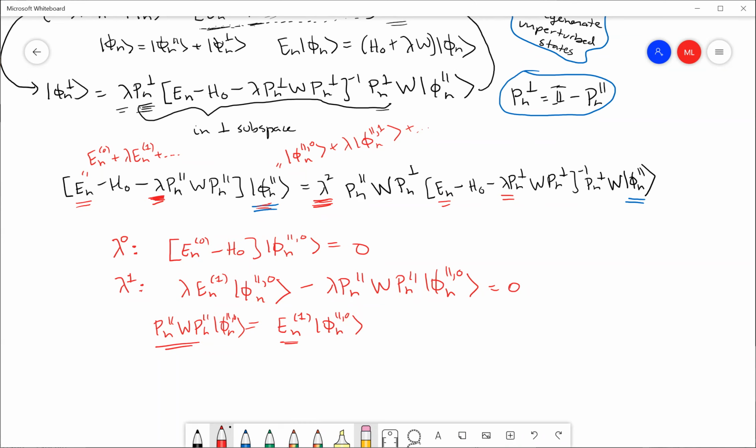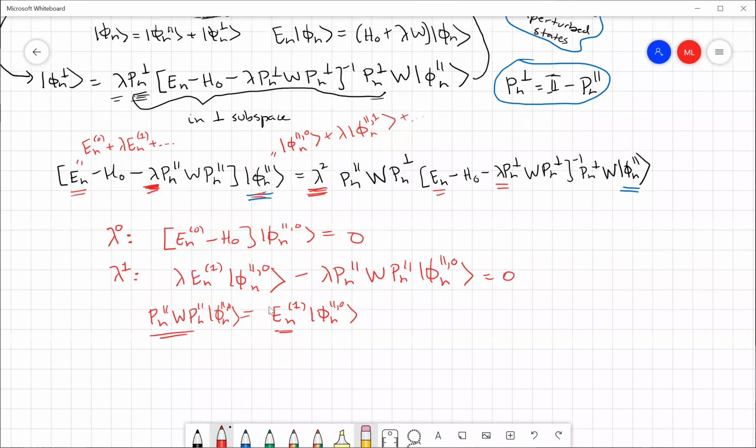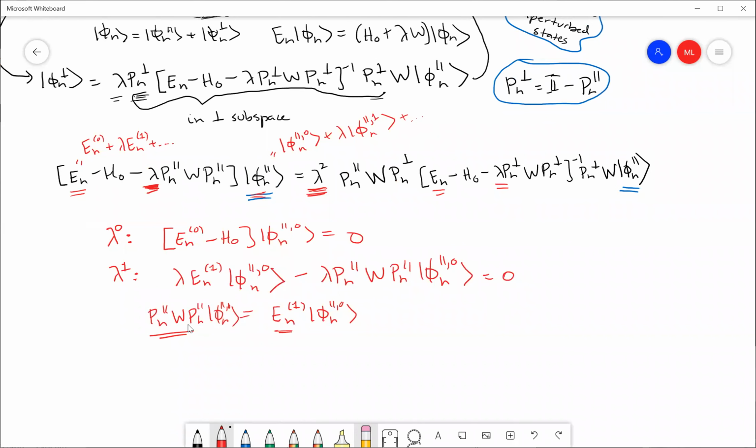So we've proven now using this projection operator method that to first non-trivial order in lambda, you want to diagonalize W in the parallel subspace. And now we can also look at the state corrections, because we actually have an expression here for the state. And we can look at it order by order.